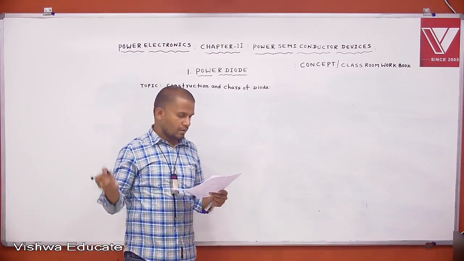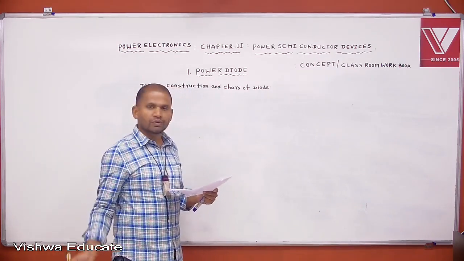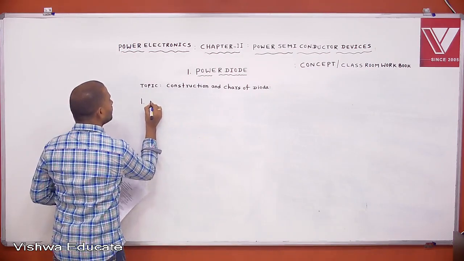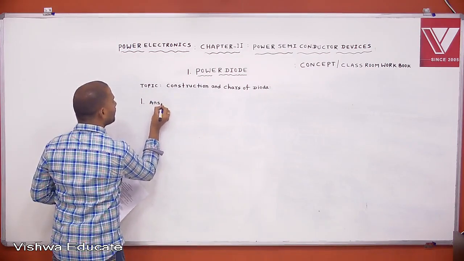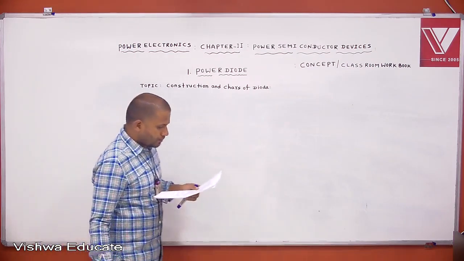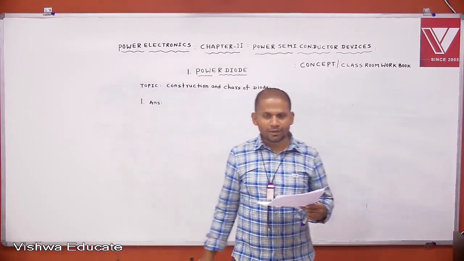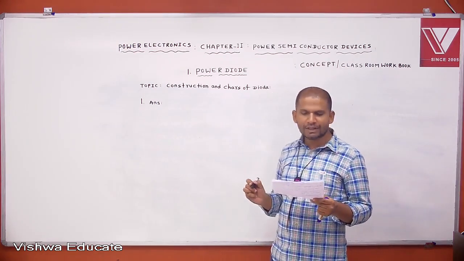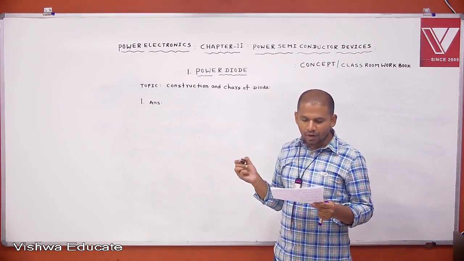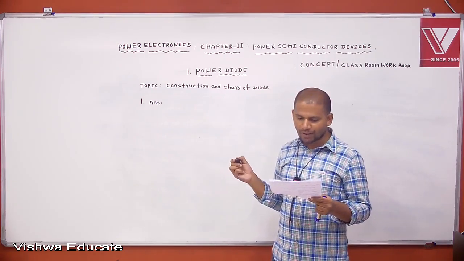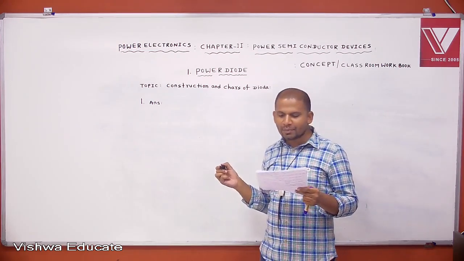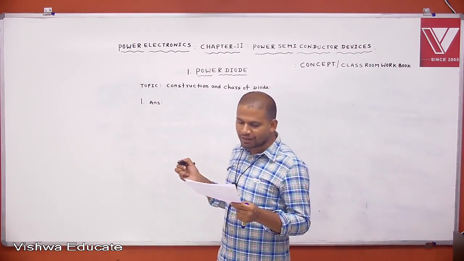Concentrate on the first question. What is the answer for this first question? Consider the following statements with regard to power diodes. This is a theory question. First one: the breakdown voltage is directly proportional to the doping density of the drift region.